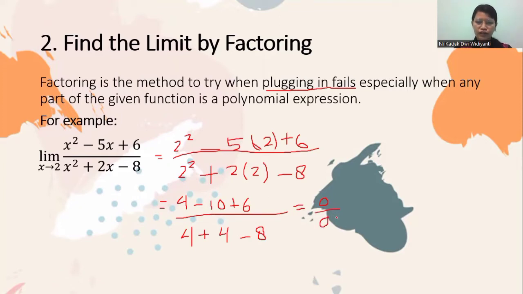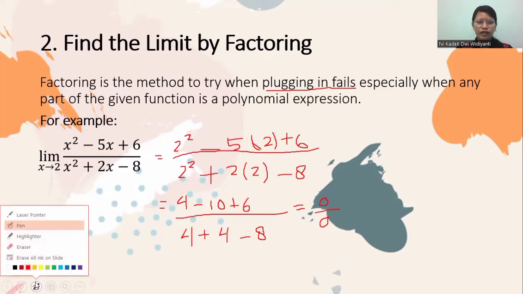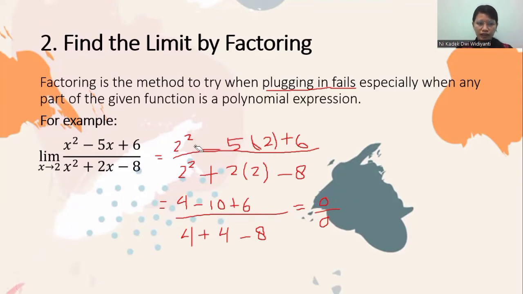So we get 0 divided by 0. We should use a more mathematical method, and we will use the second method. Please remember that the solution using the first method is 0 divided by 0. We will continue with the second method.